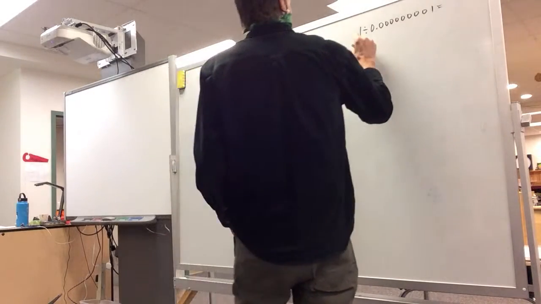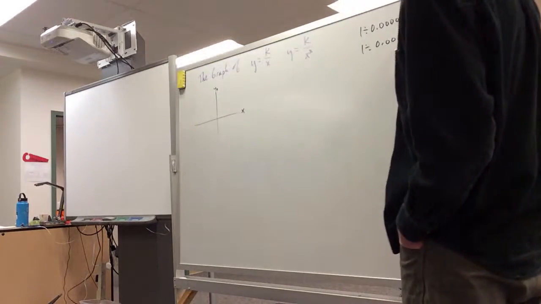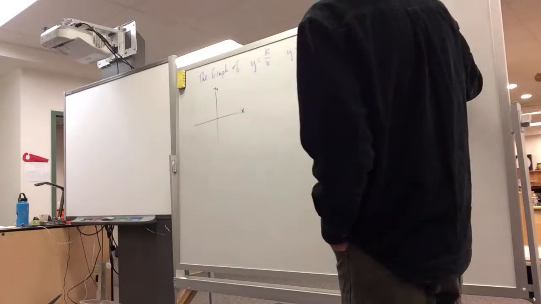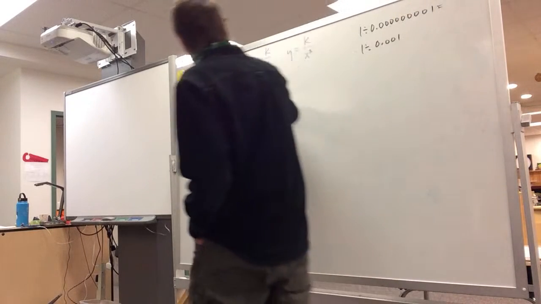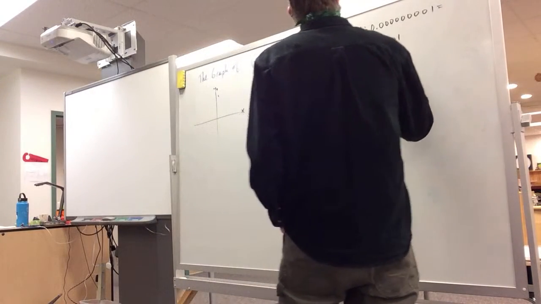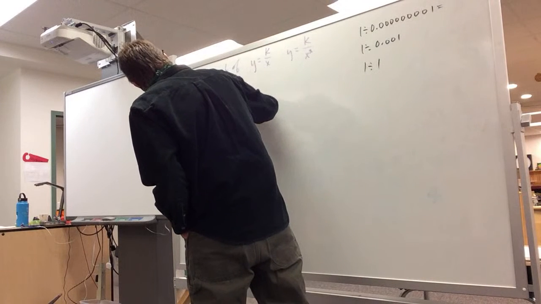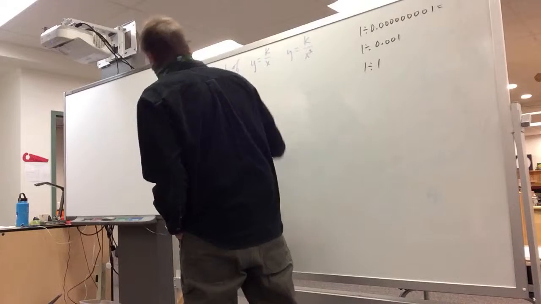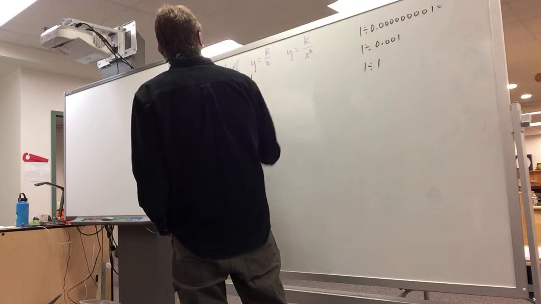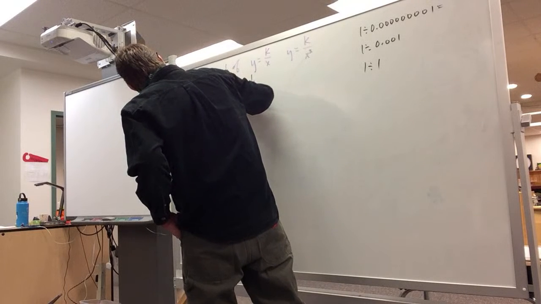And then as x gets bigger, eventually you're going to have smaller and smaller values. Eventually, 1 divided by 1 is going to be 1. If I had y is equal to 1 over x, this line is going to come down like this.